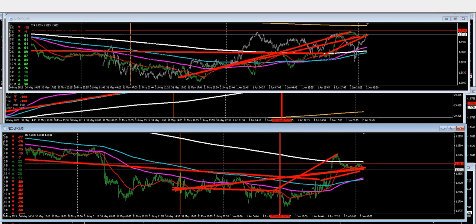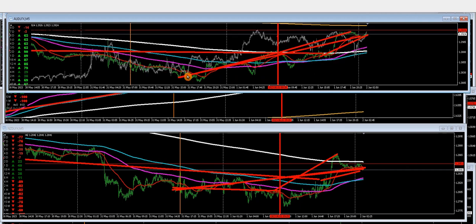You can see right here, halfway, it's risen, right? So we know in this section Aussie's strengthened. Aussie's already strengthened here. So this means that New Zealand's still got to go up, catch up to Aussie a little bit.